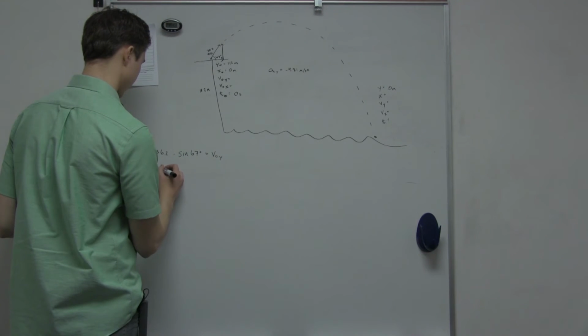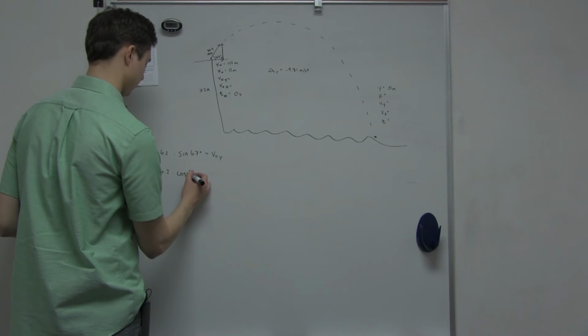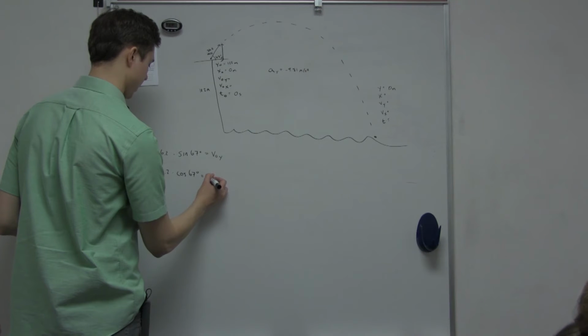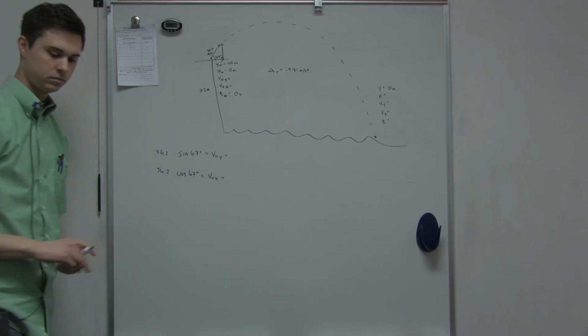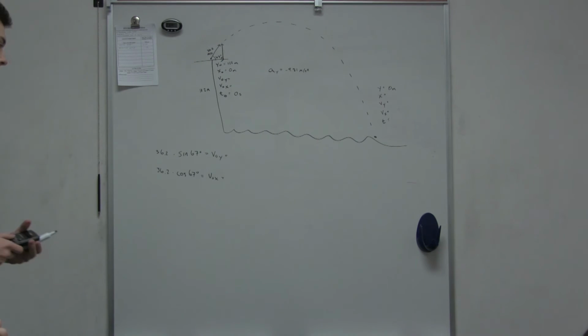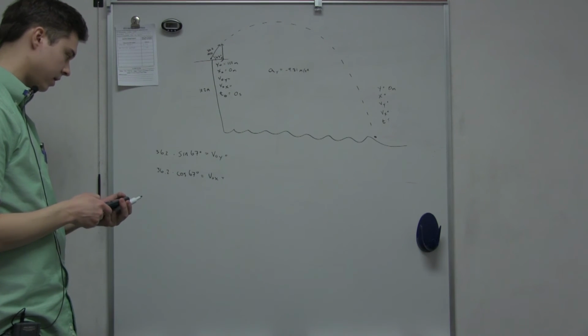And then we can do the exact same thing with cosine to find our v naught in the x direction. Any questions there? You guys have done that a lot by now, I'm sure.